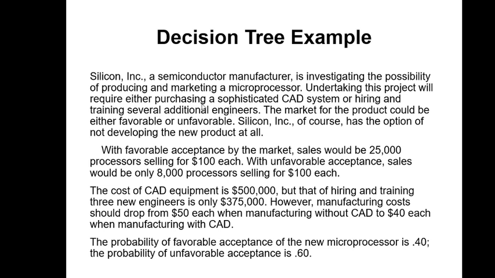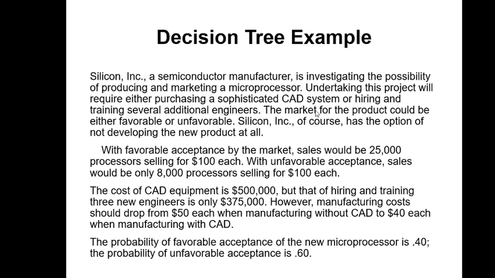Okay, so we have the purchase, which is the buy, and we have another option for the company. Instead of purchasing a sophisticated CAD system, they have another option of making it themselves by training several additional engineers.